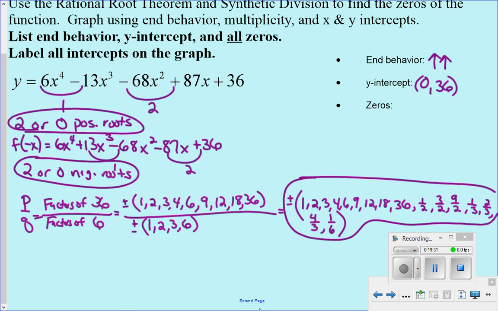So now I'm ready to test some values. I'm going to go ahead and use -1, 0, and 1.